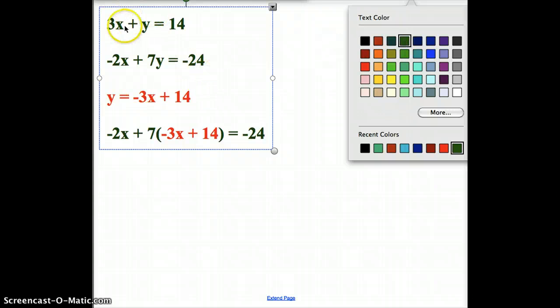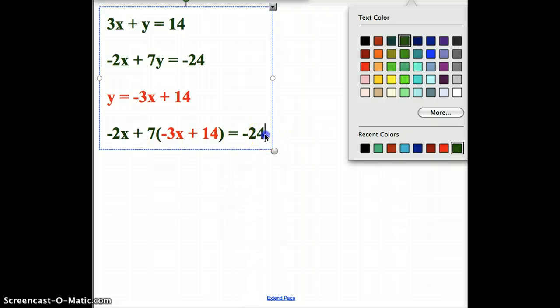So you simply rework the first one, and then you plug this information in for your y value, because that's what y equals, and then you can solve from there. Distribute, combine your like terms on the left side, and solve for x.